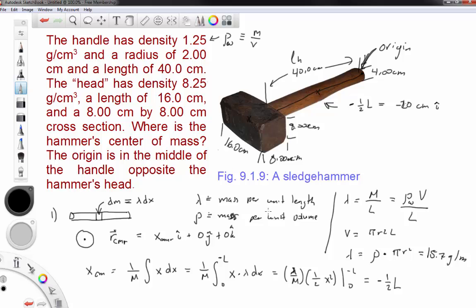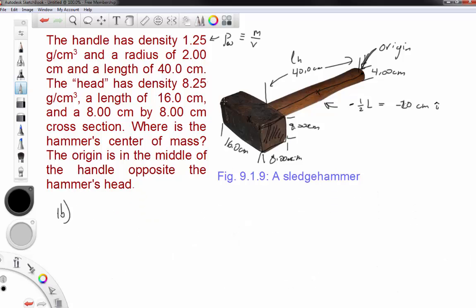is 40 centimeters. All right, so to get the center of mass for the hammer, we basically want to take a cross-sectional area of the hammer's head, and we're going to integrate along this direction as well, the x direction. So draw this picture. Basically, an integral along the x direction would be to go along this square side that I've shaded here.